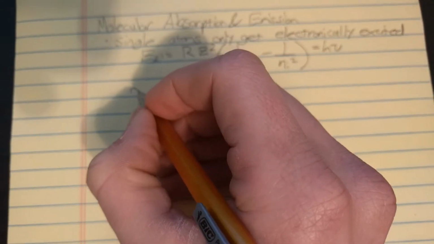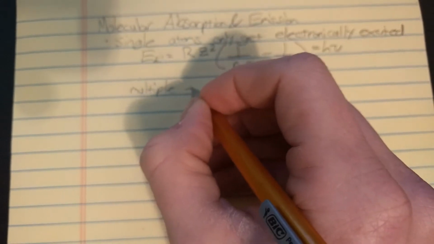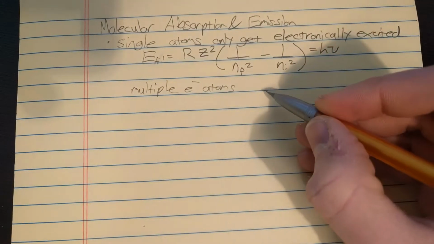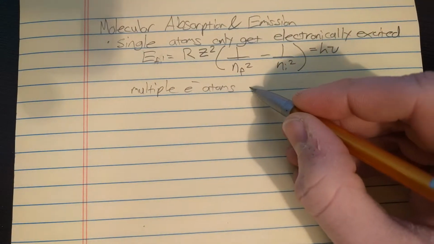Now, multiple electron atoms are much more complicated, and I'm not going to go into that in this video.